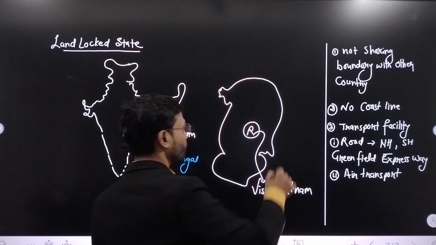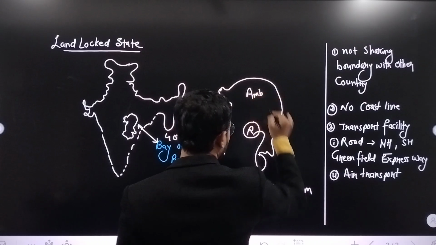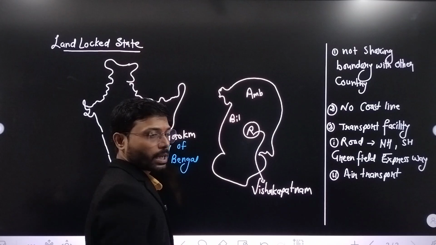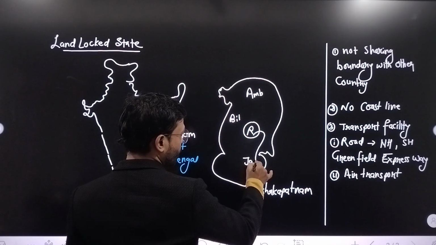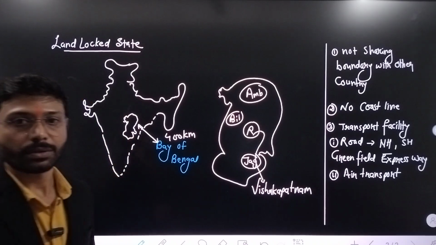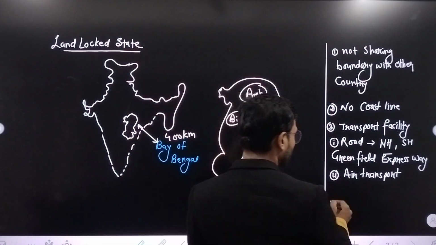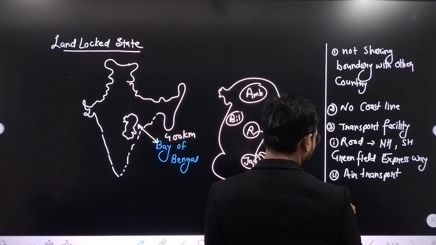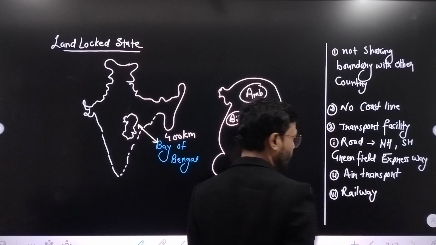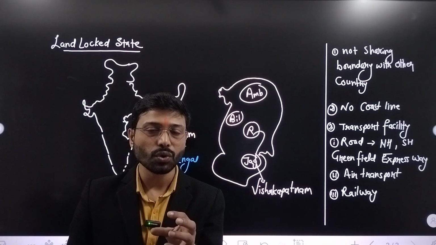In Naya Raipur, in Ambikapur, here it is, Ambikapur, in Bilaspur, in Jagdalpur, you have the facility. Third, you may consider the railway line we have. The fourth one is water transport we have also.